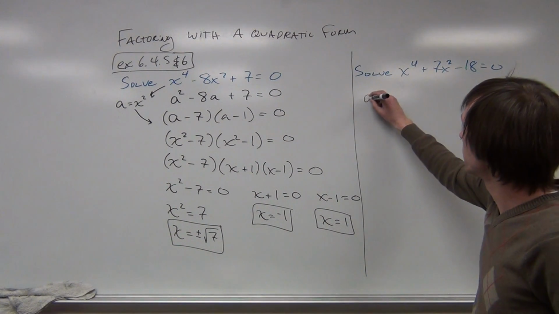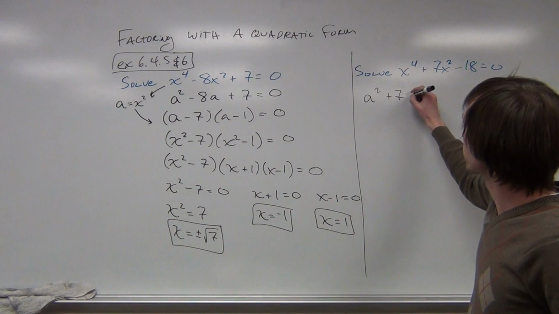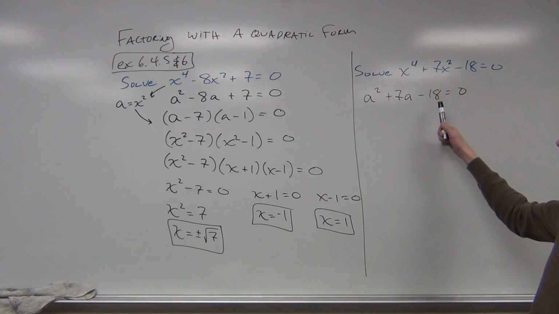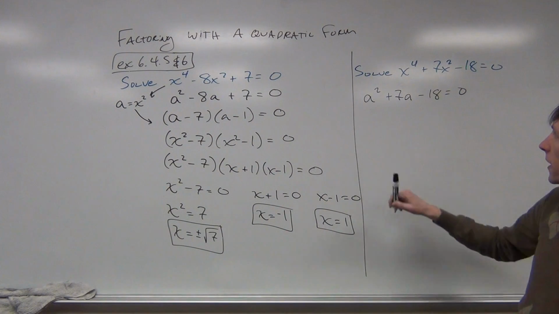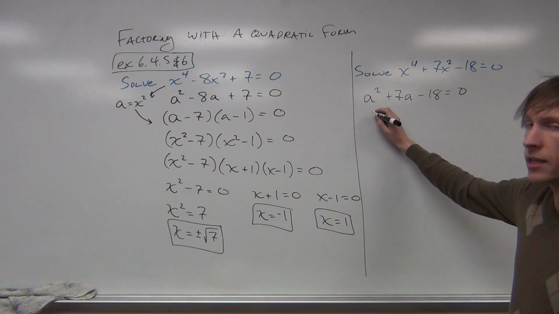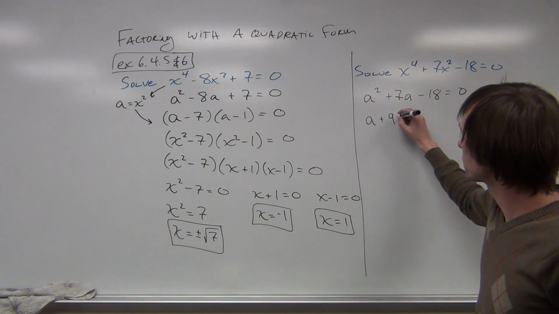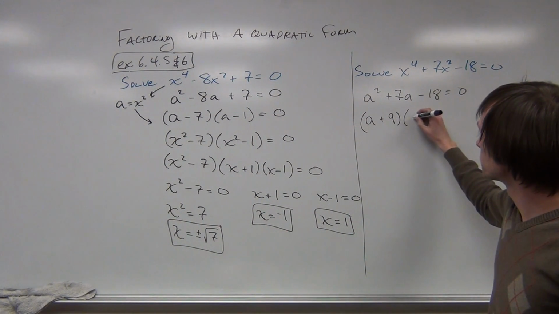This is going to give me a squared plus 7a minus 18 is equal to 0. Notice how the constant is unaffected, the coefficients are unaffected. Factors of negative 18 that add up to positive 7 will be a positive 9 and a negative 2.